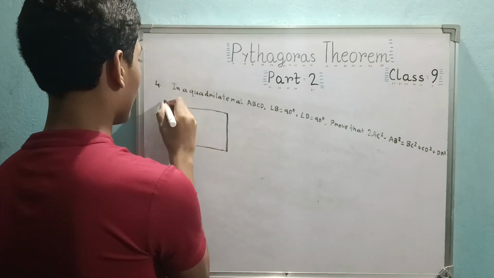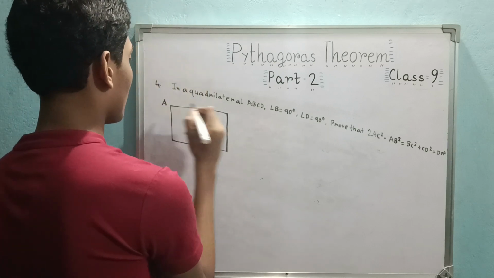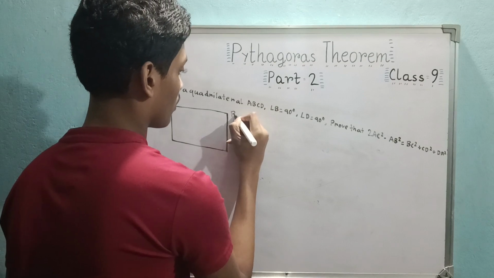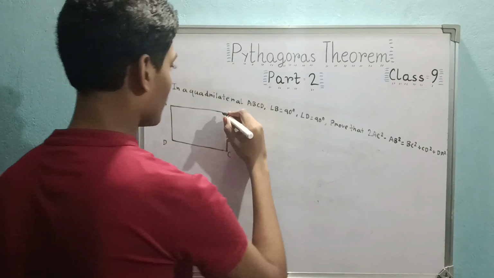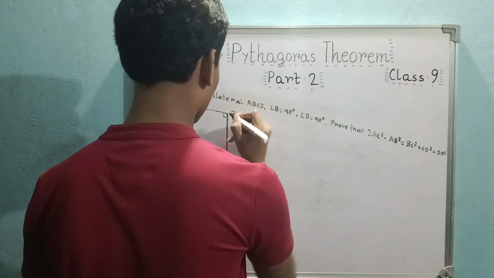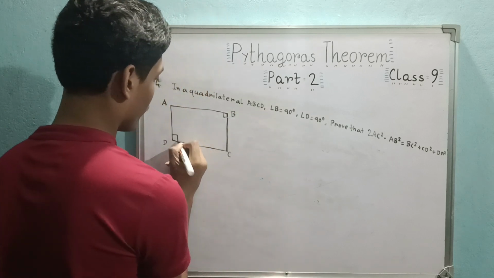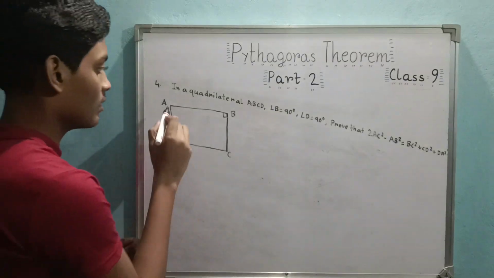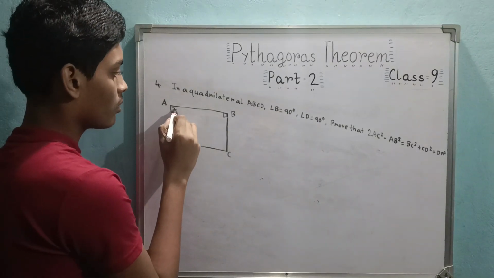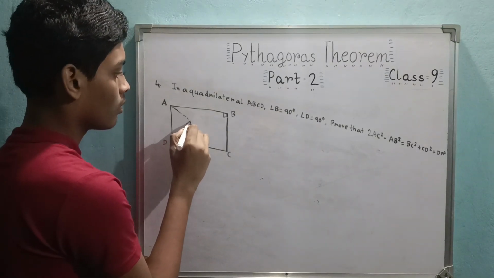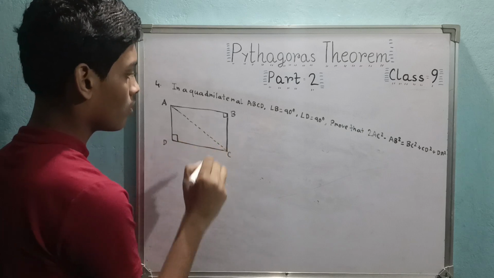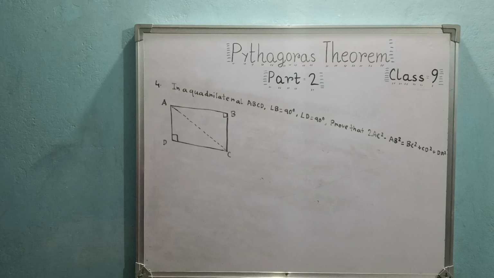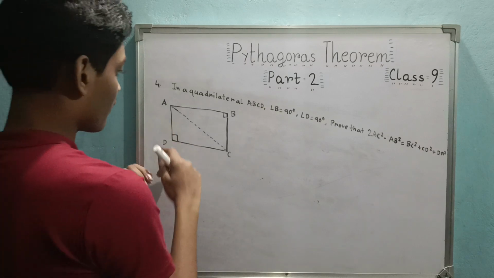So here, suppose this is ABCD, and they are telling that B is a 90-degree angle, D is a 90-degree angle. Now, what if I join AC by a dotted line? Then you get two right angle triangles, right?